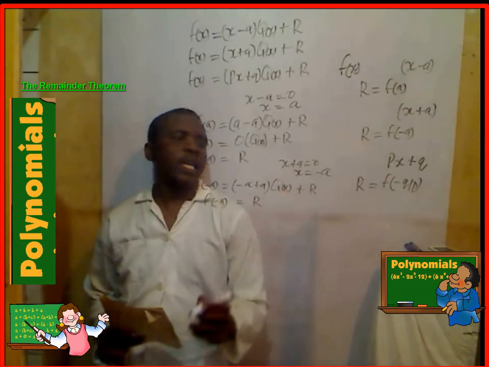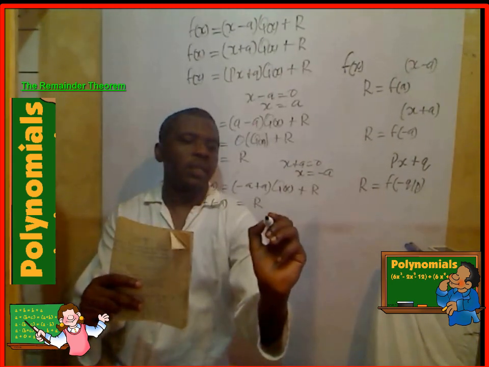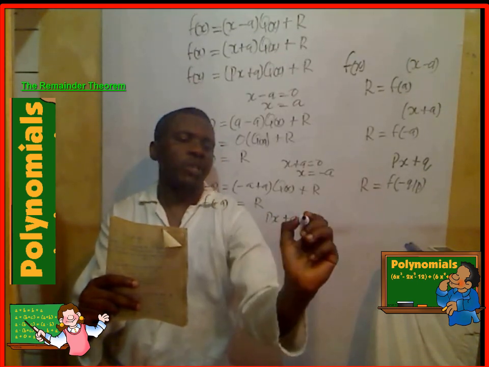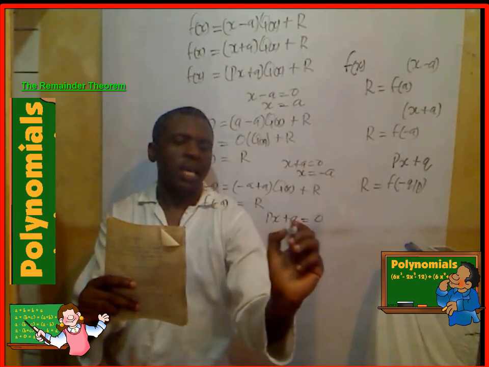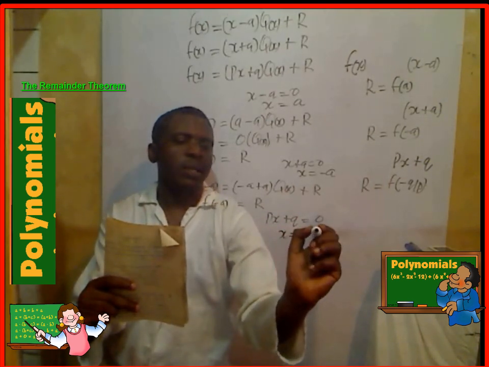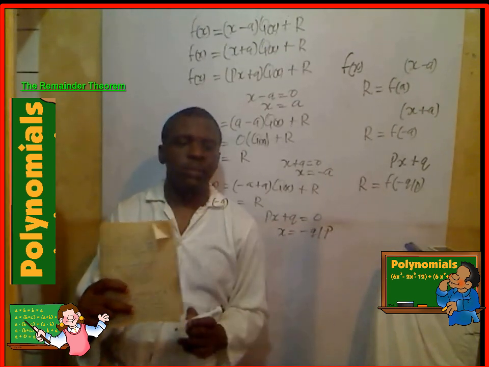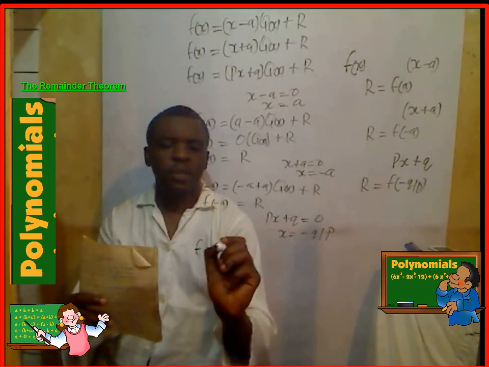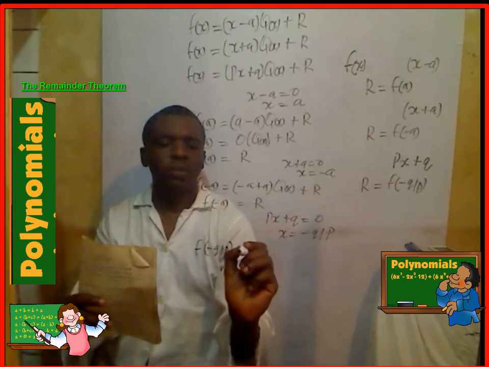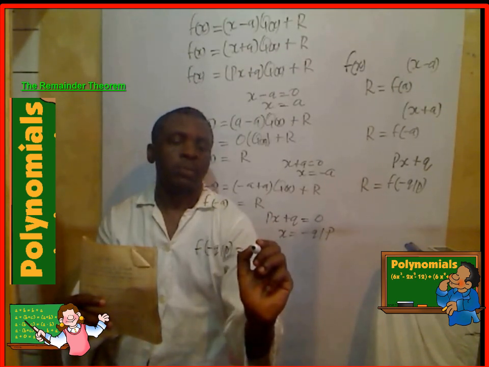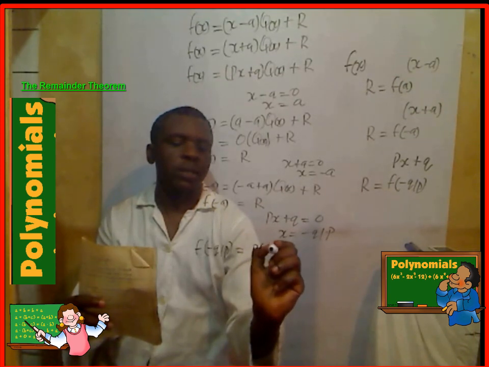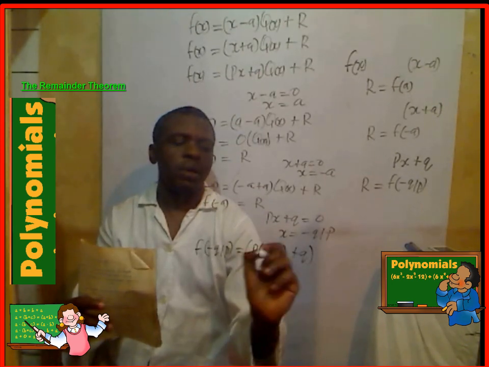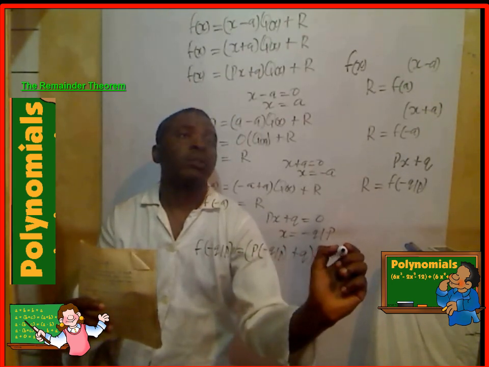Let us prove the third identity. If we divide by px plus q, let's say px plus q is equal to 0, and I make x the subject there, so x will be equal to minus q all over p. Substituting in this third identity, I'll have f of minus q all over p is equal to p times minus q all over p plus q, all times the quotient plus r.